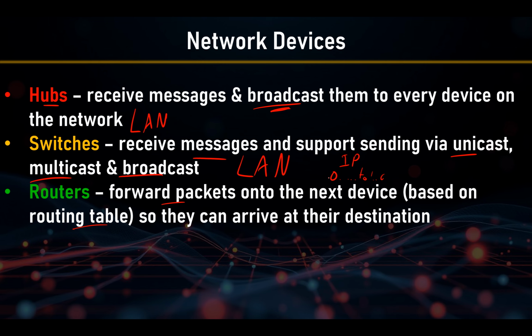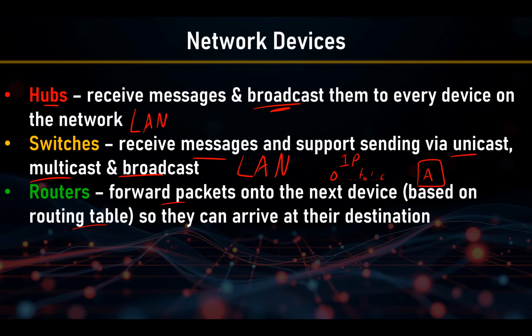Well, it's going to say, if this is the destination IP, then send out of port A, for example. So it's just mapping the incoming IP address, or the destination IP address, to the next place to send it to.